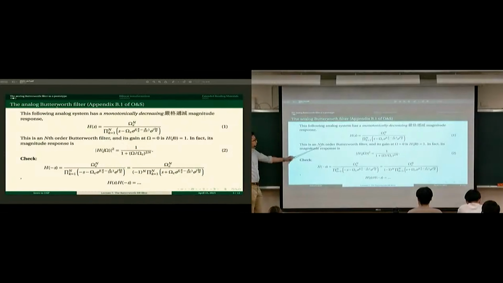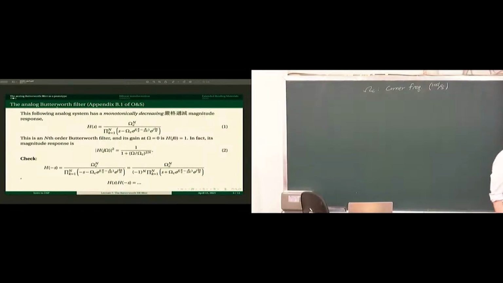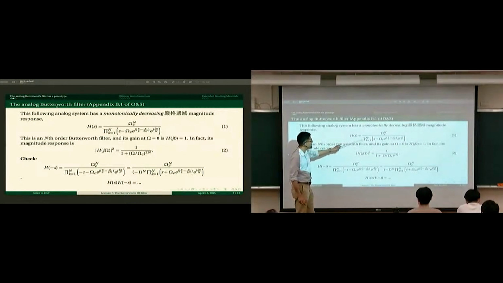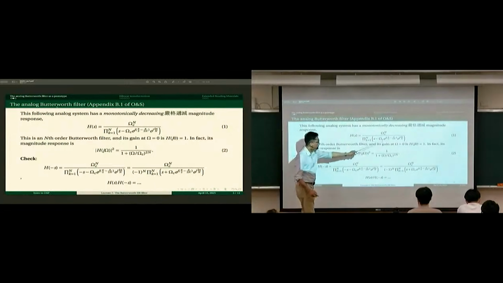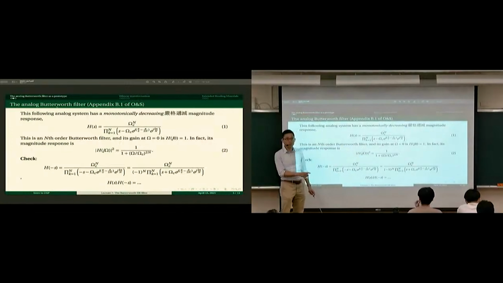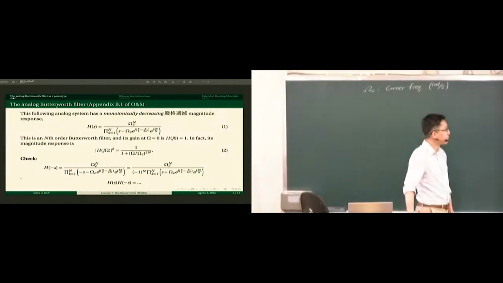So at the bottom, the denominator, we have a polynomial of S of order N. When we factorize a polynomial into this form, S minus something, each of those things is a root of the polynomial. So far so good.